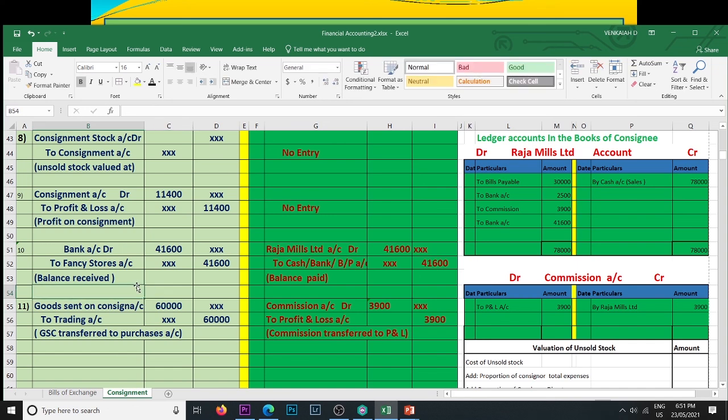So from problem number 1, we prepared journal entries in the books of consignor and consignee, and we prepared ledger accounts in the books of consignor and consignee, okay? So very simple. If you have intermediate level knowledge, you can do it fast.